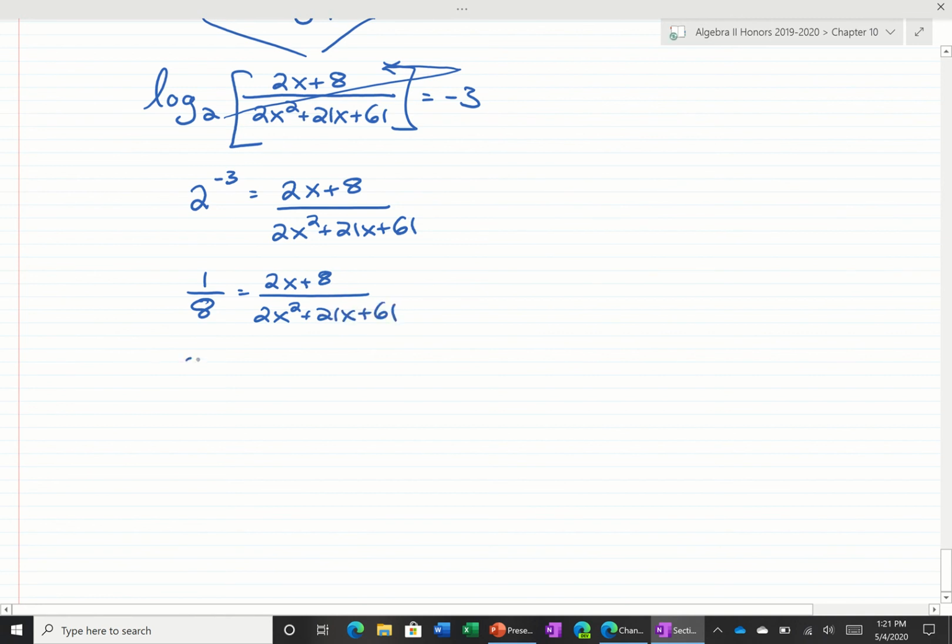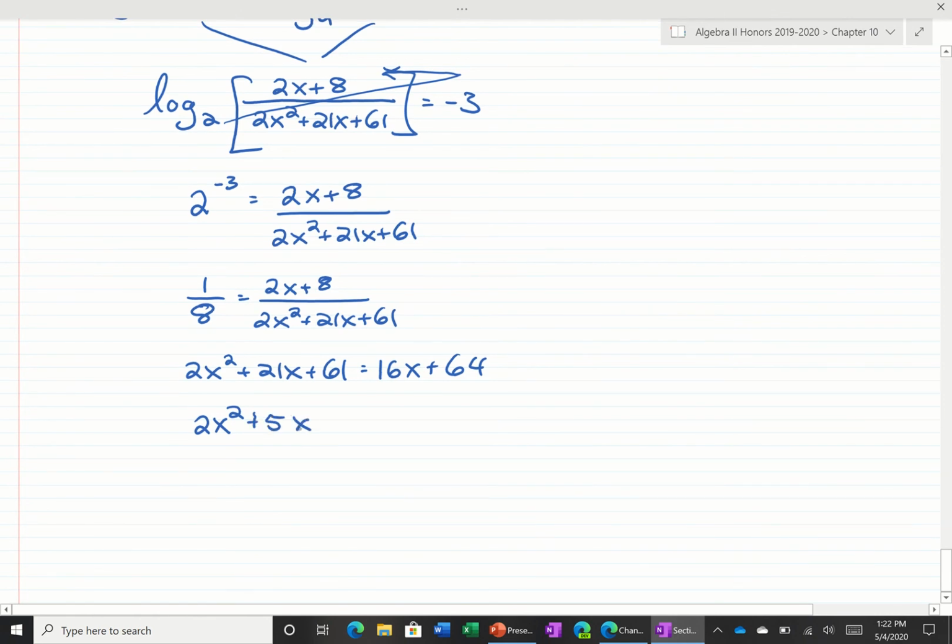We can cross multiply and get everything on the same side here to solve a polynomial. 21x minus 16 is 5x. 61 minus 64 is negative 3. That's a little bit easier to factor.